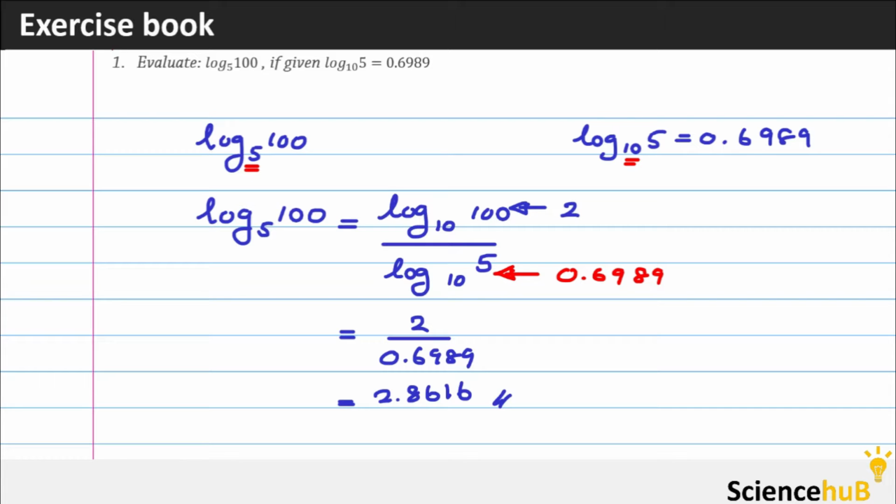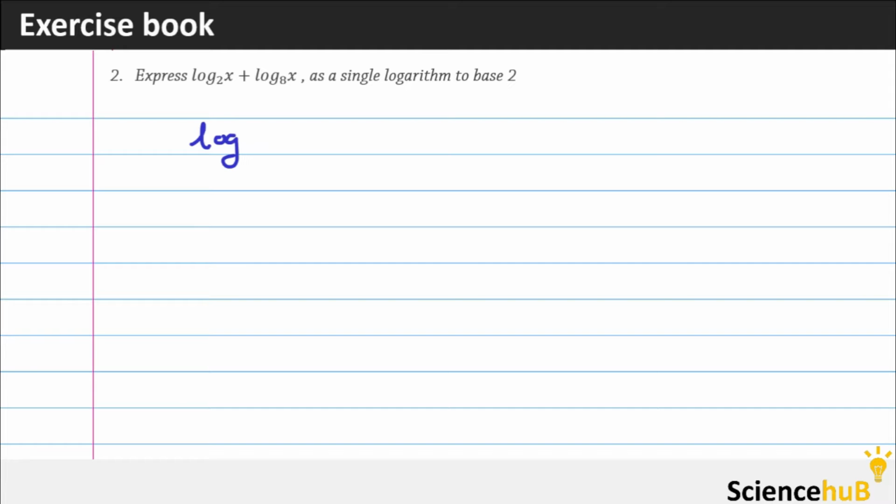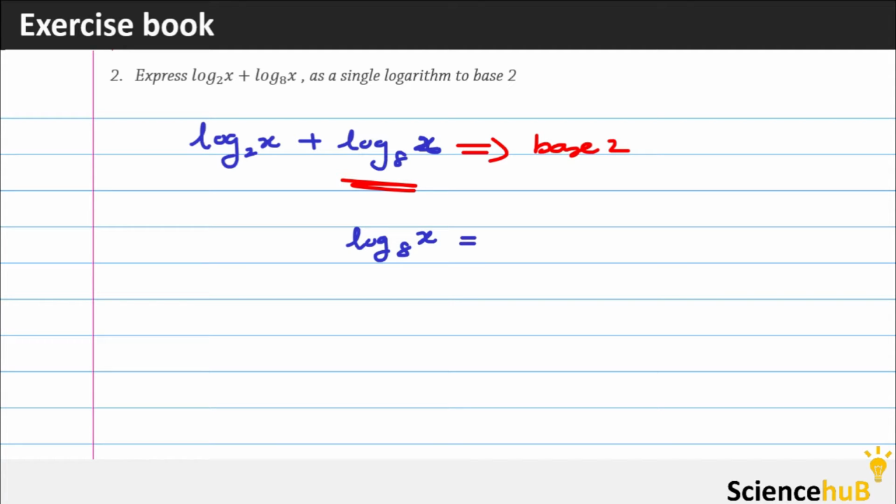Okay, let's move to the second question. In this question, it is asked to write this expression in one base. So first you have to convert this to base 2. Then you are done. Log x base 8 is equal to log x base 2 divided by log 8 base 2. You know the answer for this. This is 3.